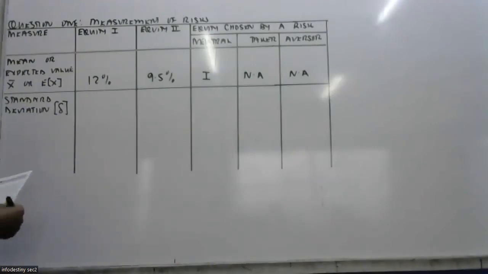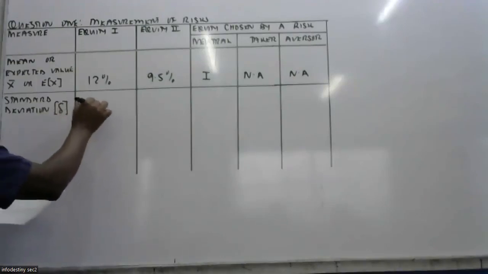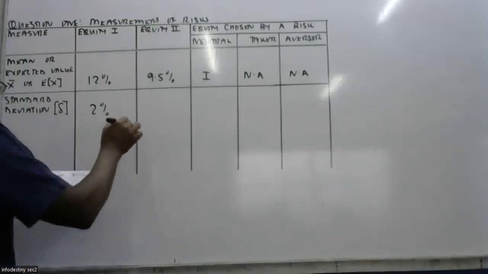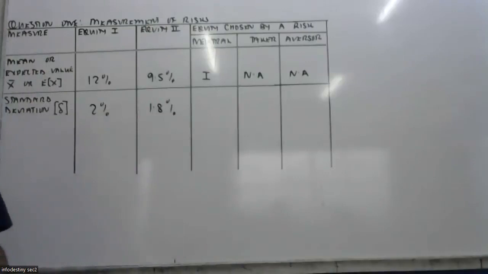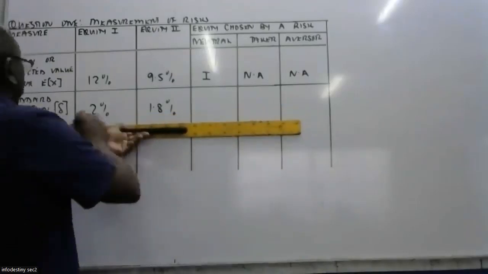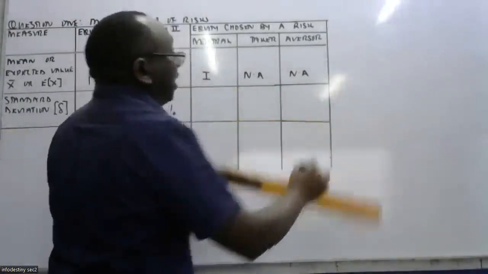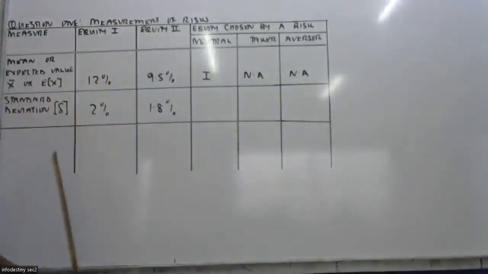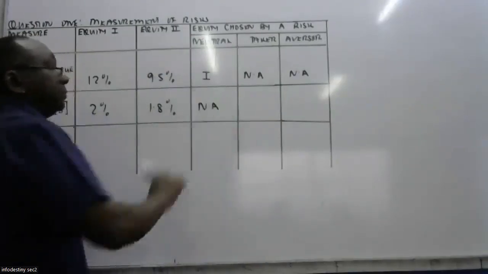In the first one they have 2%, and in this one they have 1.8%. Now the risk neutral guy does not compute risk, and therefore he does not use the standard deviation. So for him, this is not applicable.